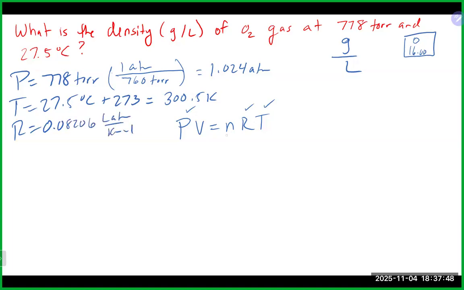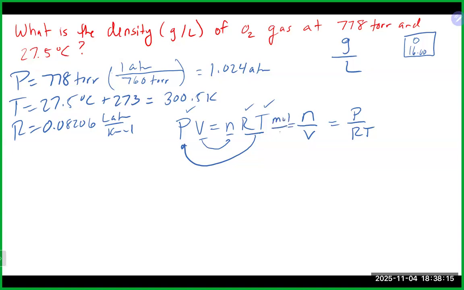That's good. I am missing these two guys, so I could rearrange the ideal gas law and actually solve for N divided by V. If I do so, I'm going to bring this guy this way and bring these two back the other way. That'll give me P over RT is equal to N over V. Now N is moles, right?